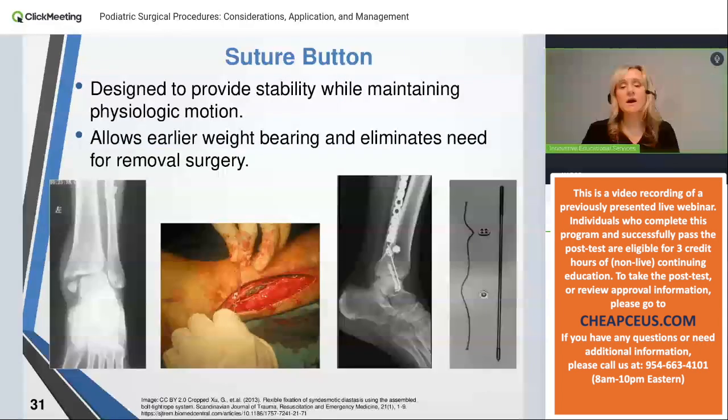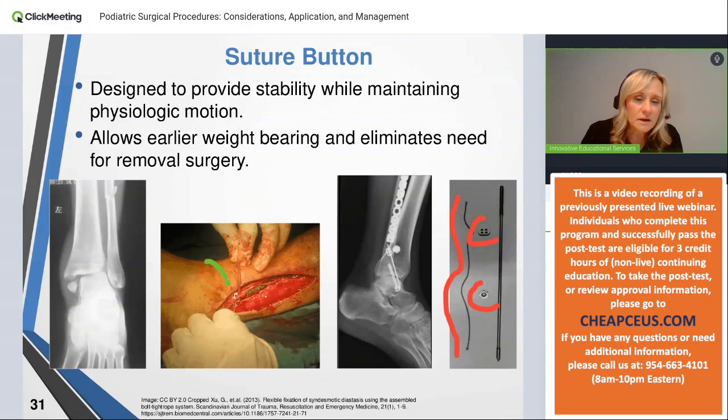And what they utilize now in many of the procedures is a suture button. So on the right here, we have parallel-ish to my line here. We have a polyethylene cord, and then we have these two little, they literally look like little buttons. And what's implanted into the patient, we see it here. The surgeon in the middle image is tying it off. And if you look really closely, kind of at that arrow, you can see the button there.